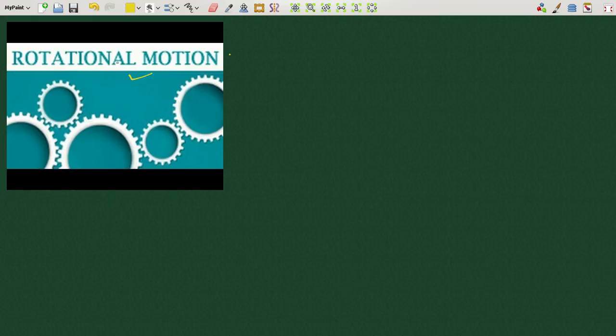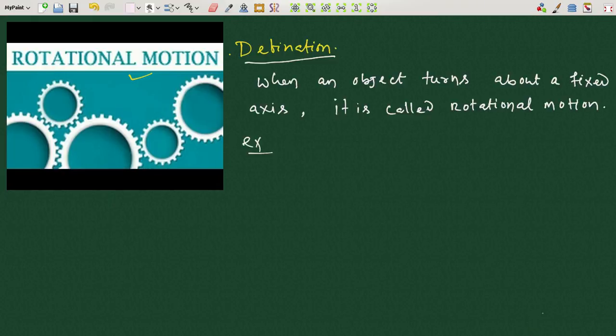So let's see the definition of rotational motion. When an object turns or spins about a fixed axis, that is called rotational motion.